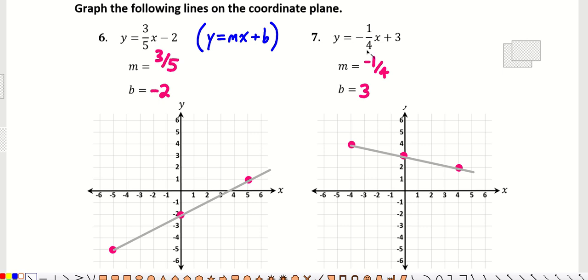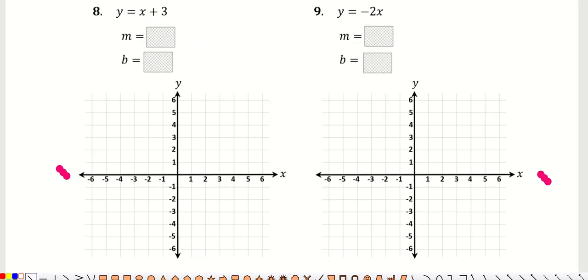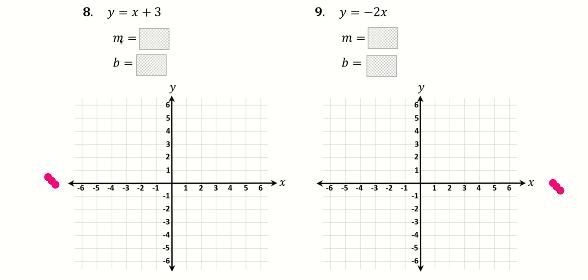If you can recognize y equals mx plus b, what's my m here? What's the m in front of the x? 1. And if you wanted to think of this as a full-out fraction slope, it would just be 1/1. And then our b is 3.